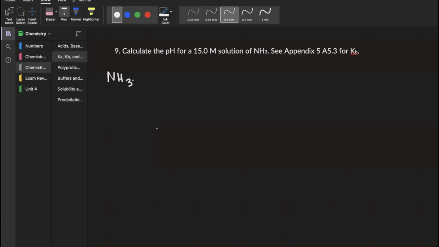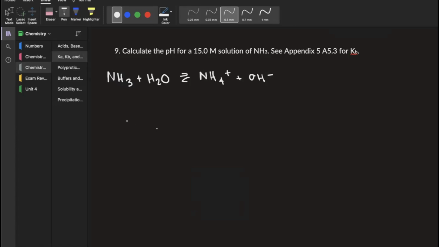NH3 is working as our base plus H2O working as our acid. Since it's working as a base, it's going to work as a proton acceptor. So it's going to turn into NH4 plus, and the H2O is going to give off a proton, becoming OH negative.